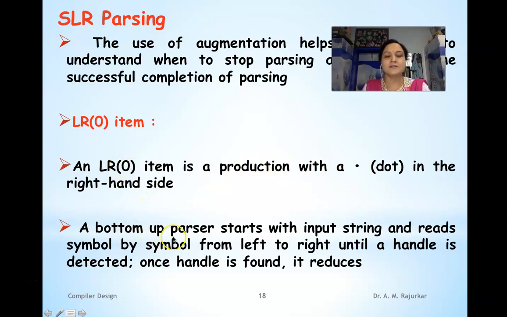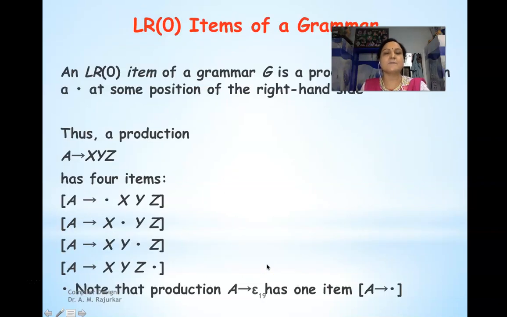A bottom-up parser starts with the input string and reads symbol by symbol from left to right until a handle is detected on top of the stack. Once a handle is detected, it reduces. This is how the bottom-up parser works.